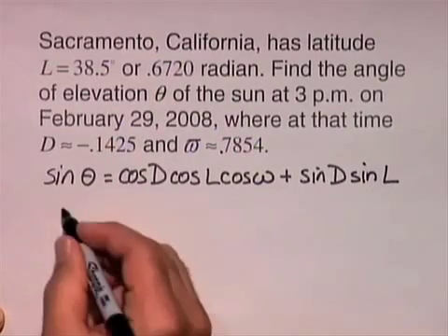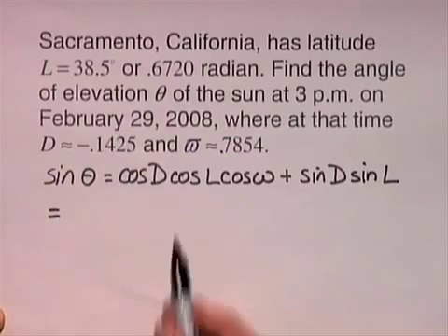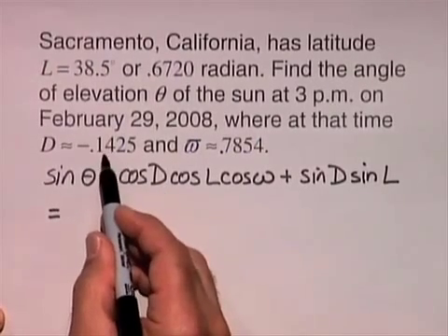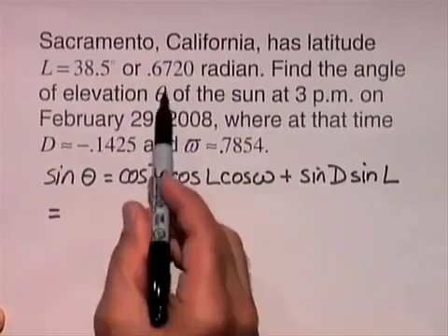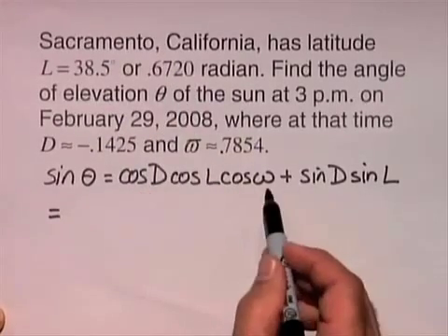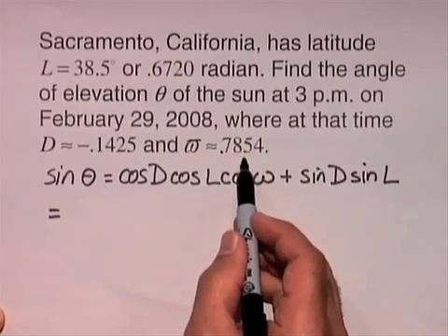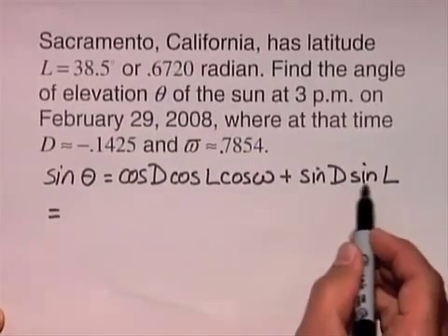And let's now substitute the values of D, negative 0.1425, L, 0.6720, omega, 0.7854. And we'll do the same here and here.